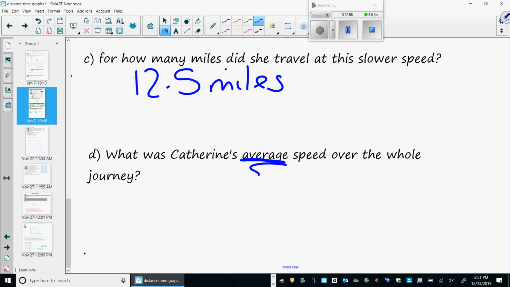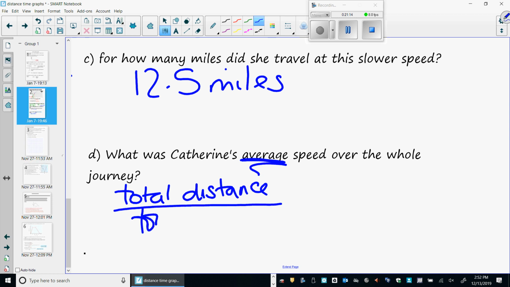Not in these cases. Because they're asking us about the whole journey, you just need to establish her total distance travelled over the whole journey and the total time taken, and that is including any stops.